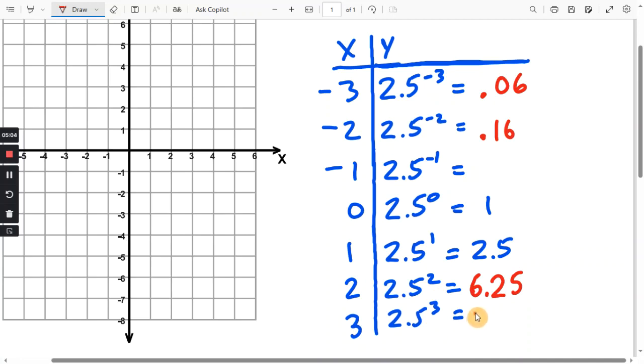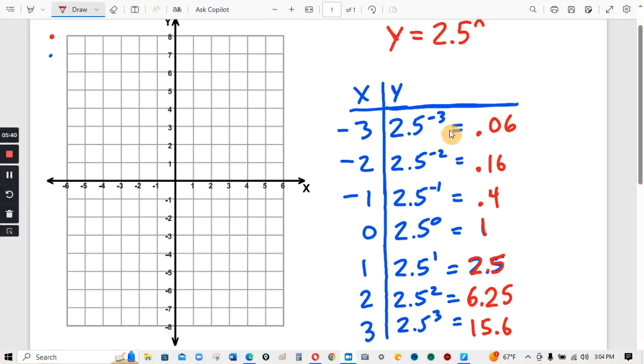I'm going to round off because there's no reason to have so many decimals. And then I'm going to take the reciprocal of that answer, and I get 0.064. Okay, again, I just rounded off. And here, 2.5, take the reciprocal, and I get 0.4. All right, so these are going to be all the values for the y coordinates. All right, so let's go to the graph.